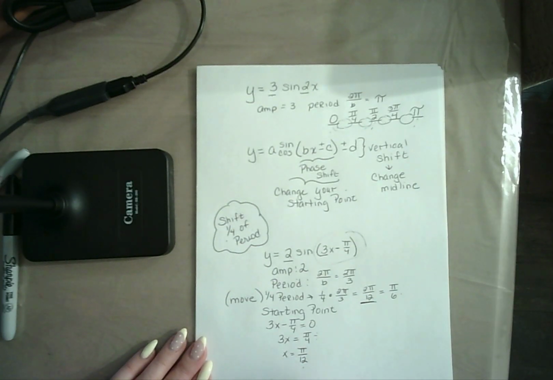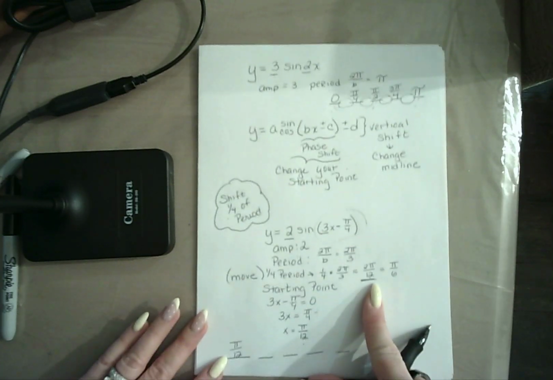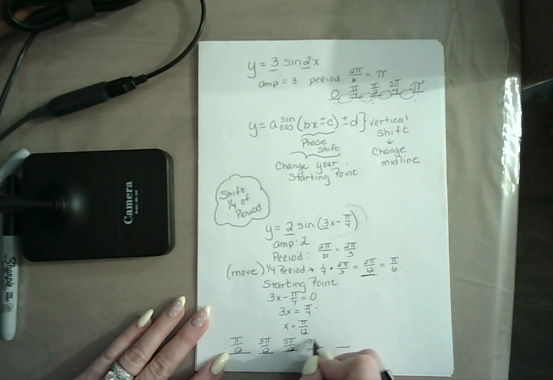So start at 1, 2, 3, 4, 5, our new starting point, pi over 12. And now we're going to move pi over 6, or I'm going to use the 2 over 12 because it has a common denominator. So this will be 1/12 plus 2 would be 3/12. Plus 2 is going to be 5/12. Plus 2 is 7/12.